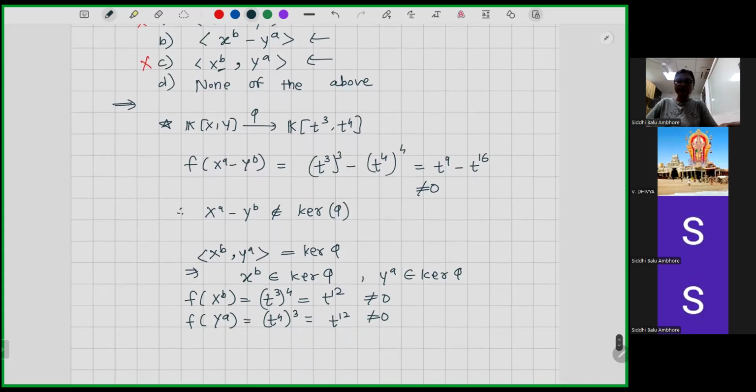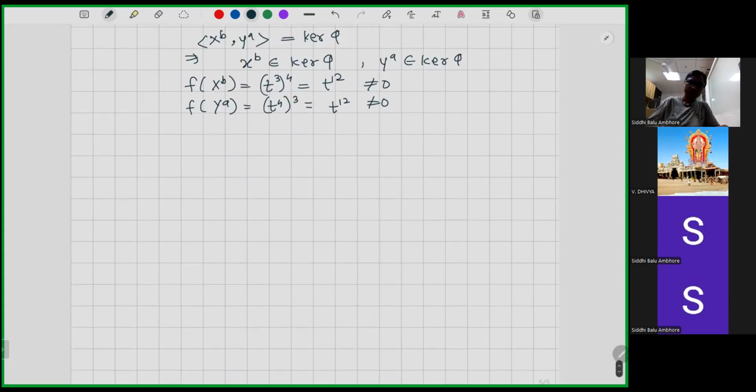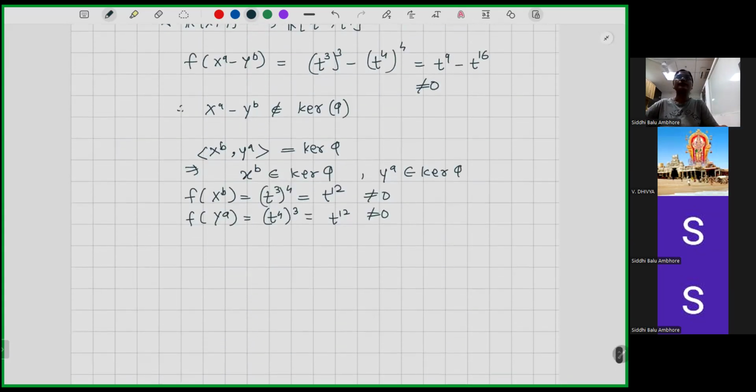And now let us try to check for B. Yes, these are individual elements. The combinations of x^b and y^a might definitely give us some elements which belong to the kernel. But when we say that they are equal to the kernel, the generator itself must vanish under that map.